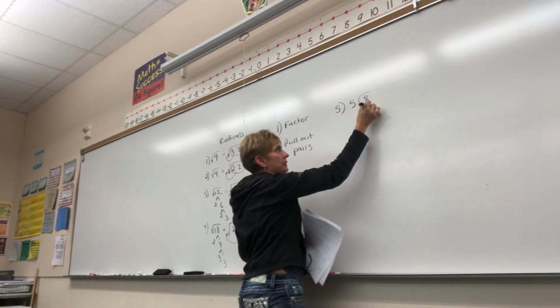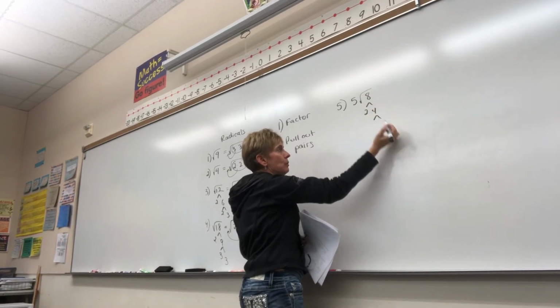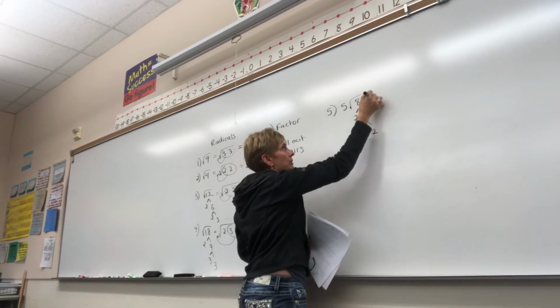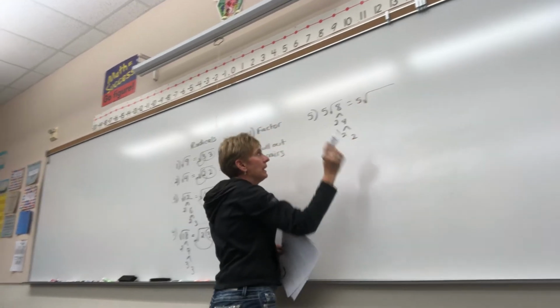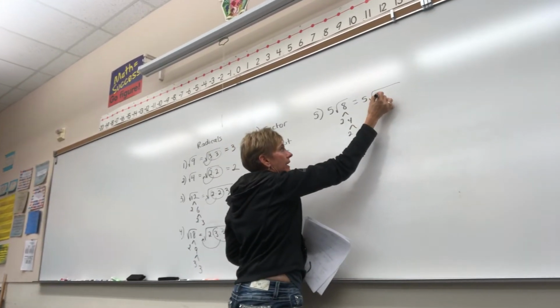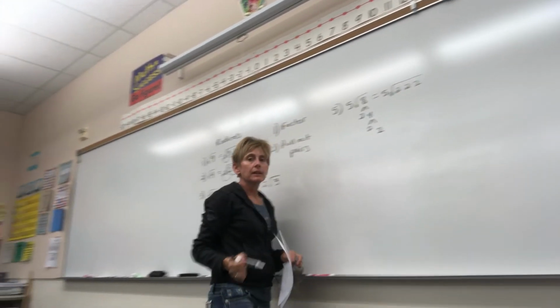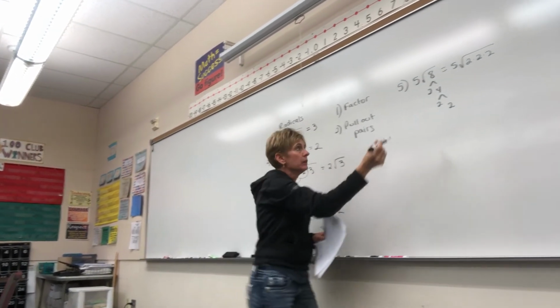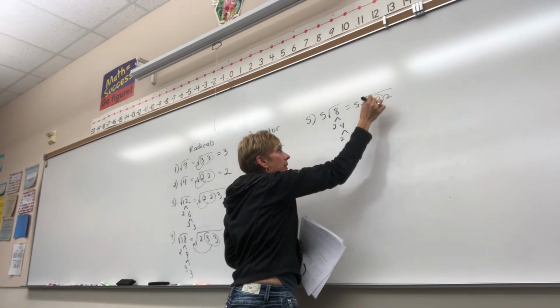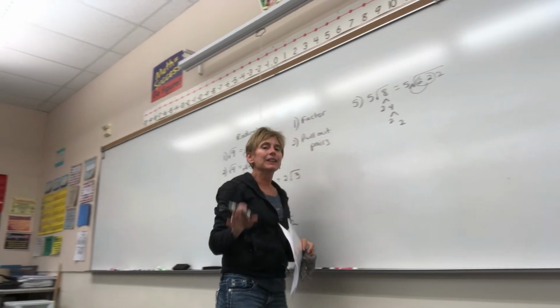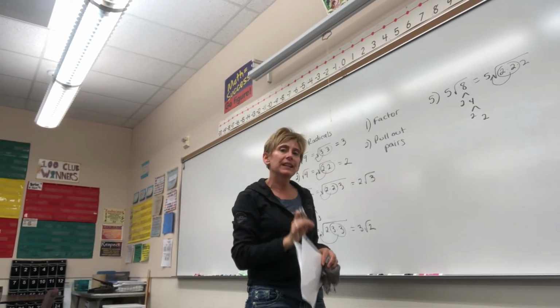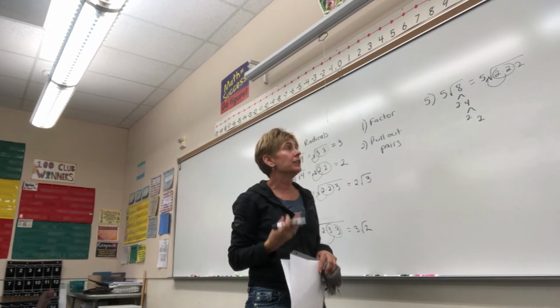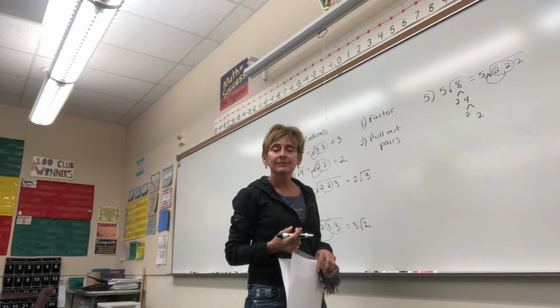We're going to factor the 8. 8 is 2 times 4, and 4 is 2 times 2. So I keep the 5 there, and I factor the 8. Now I've done step 1, factor. Now I want to pull out pairs, so I'm going to pull out this pair of 2's. The key here is what to do with that number when you take it out, because there's already a number there. Can you guess what you do?